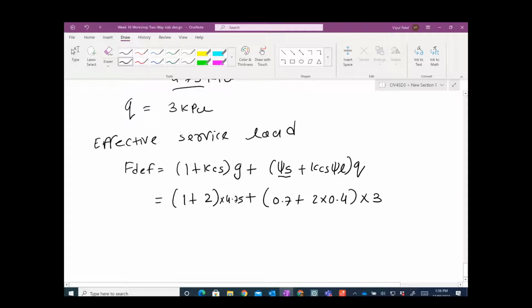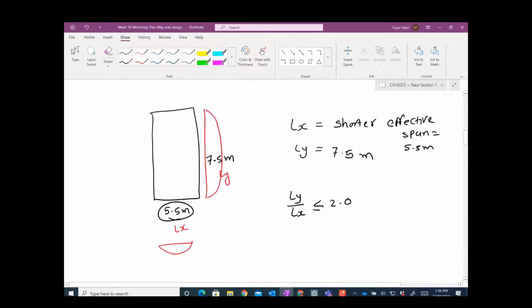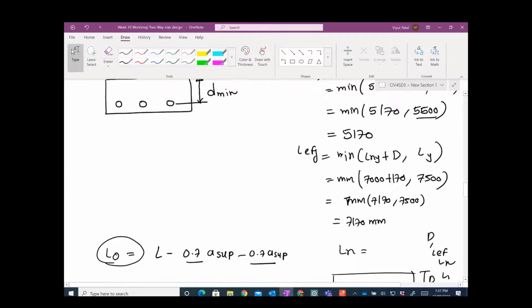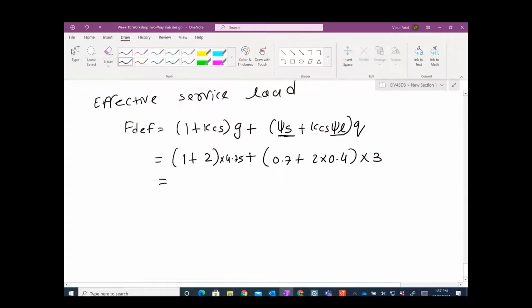The short term and long term factors are given in our examples, so we can just calculate: (1 plus 2) times 4.75 plus (0.7 plus 2 times 0.4) times 3, you get 18.75 kilopascals, right?